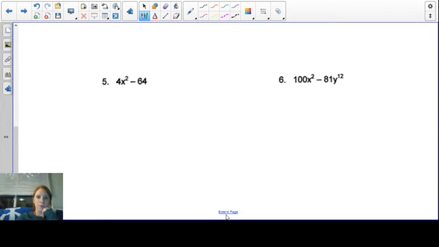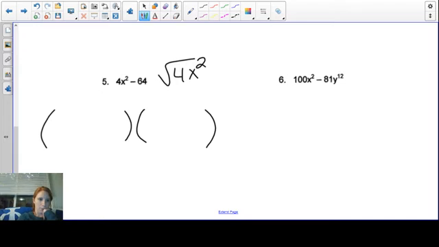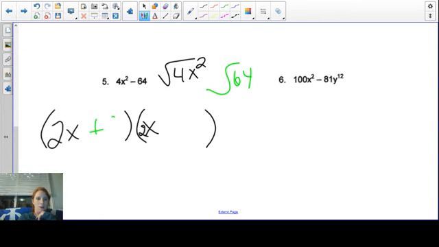Now these next ones have numbers in front of my x's, but we're going to do it in the same way. So the square root of 4x squared will be 2x and 2x. And then the square root of 64 will be plus 8 and minus 8.